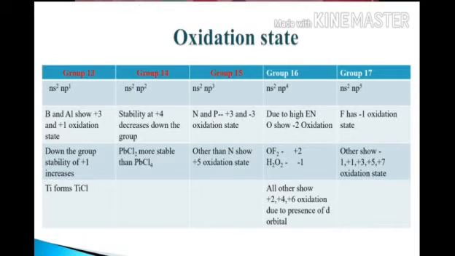In the case of fluorine, we know that it is the most electronegative element, so it has the tendency to gain an electron. So fluorine shows an oxidation state of -1 only, and the other elements show oxidation states of -1, +1, +3, +5 and +7. This is due to different excitation possible to empty d orbitals.